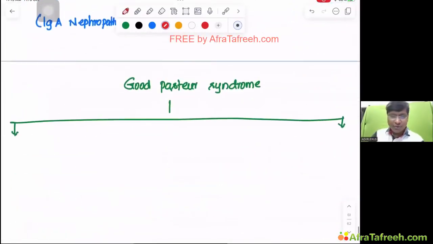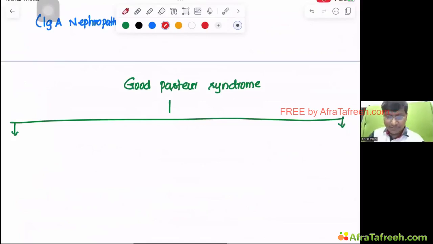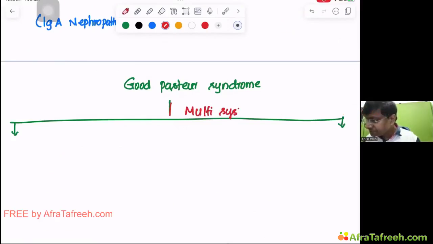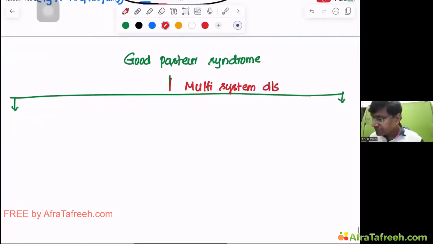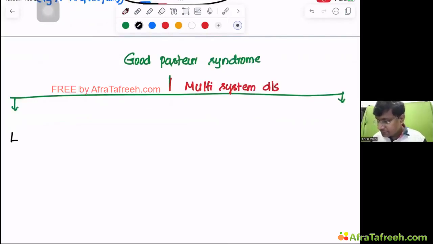Take Goodpasture syndrome, as I was telling you, it is a multi-system disorder. So, what are the multiple systems which are affected in Goodpasture? That is lungs as well as the kidneys.